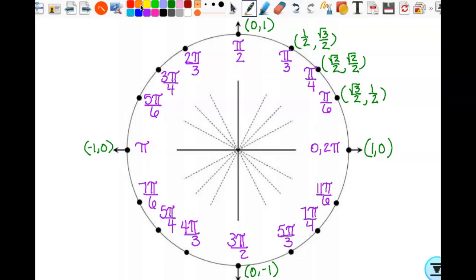Got those? Use the hand trick if necessary, absolutely. So we know in the first quadrant, all of the trig functions are positive. In the second quadrant, which one's positive? Sine. In the third quadrant, which one? Tangent. Fourth quadrant? Cosine. All students take calculus, right? So knowing that and having our first quadrant correct, fill in the rest of your ordered pairs.